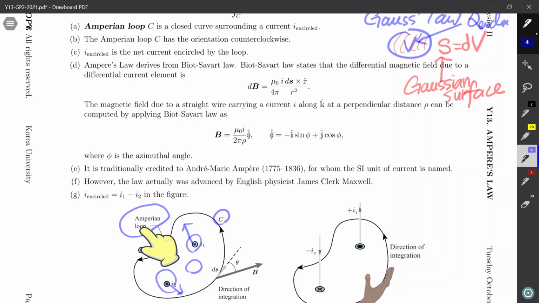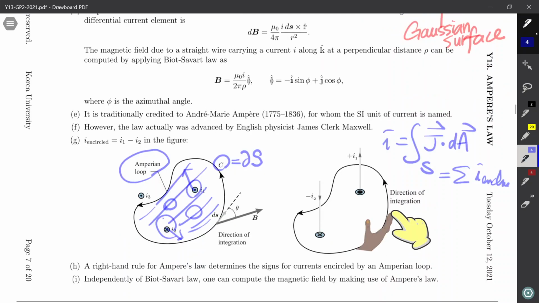In a discrete case, it is just the sum of currents enclosed. Okay. The direction of the surface is counterclockwise, so that this direction is positive, this direction is negative.